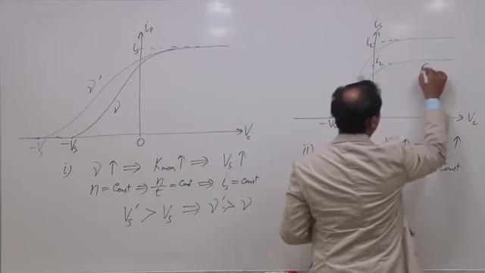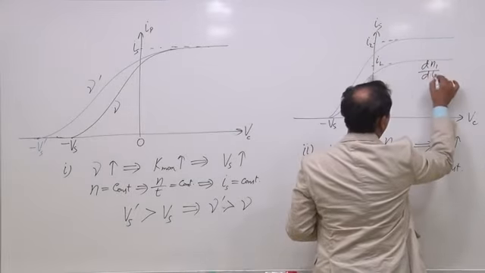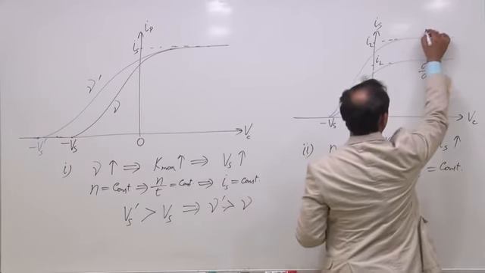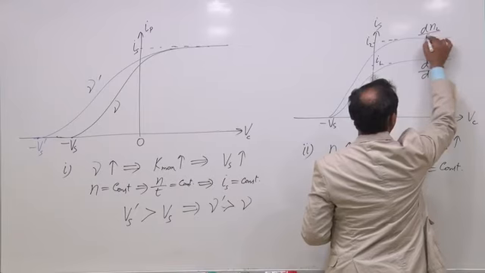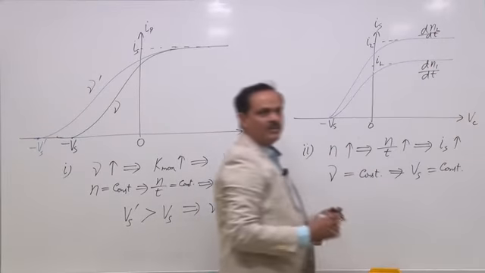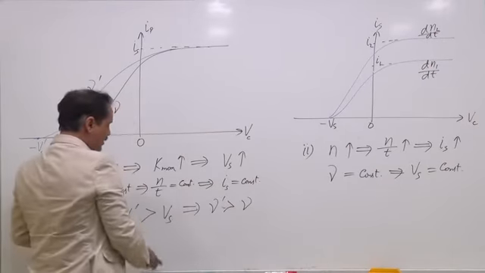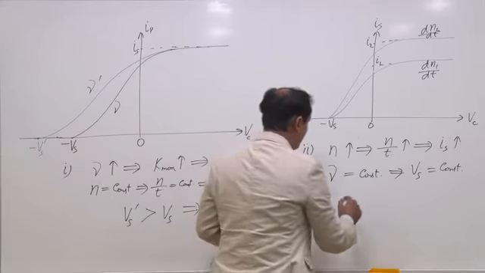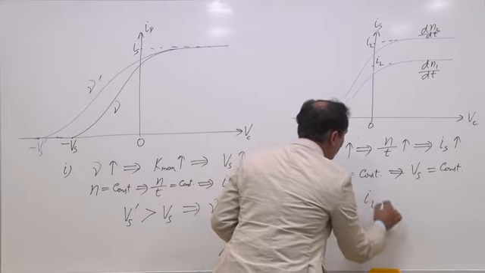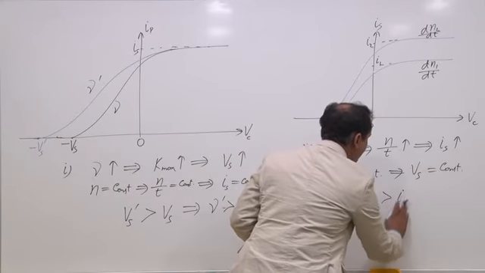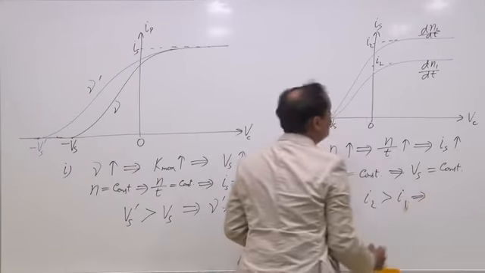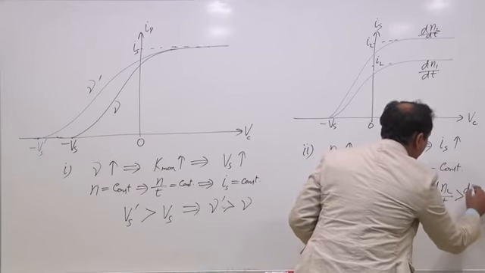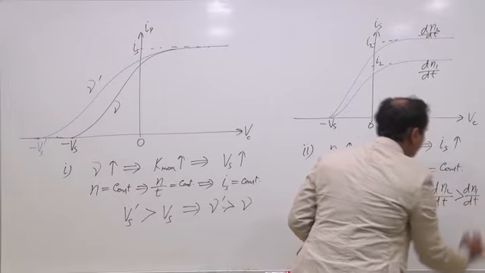This saturation current is for dN1 by dt rate of incidence of photons. This saturation current is because of dN2 by dt of photons. So from the graph we can see that as I2 is greater than I1, this implies dN2 by dt is greater than dN1 by dt.